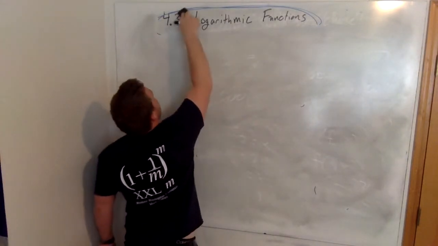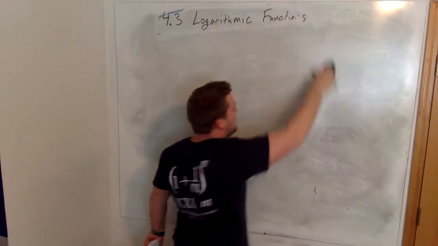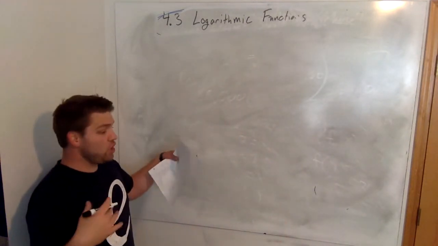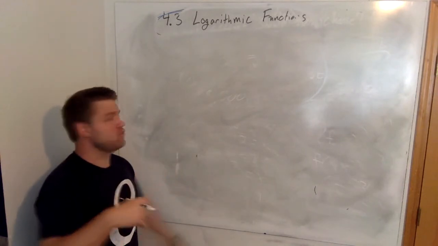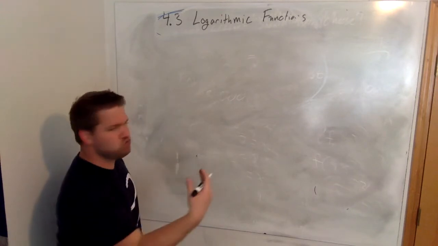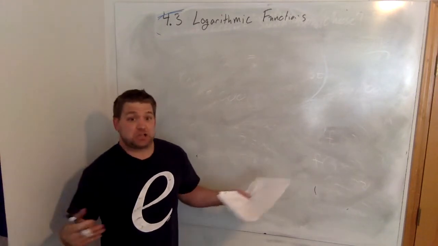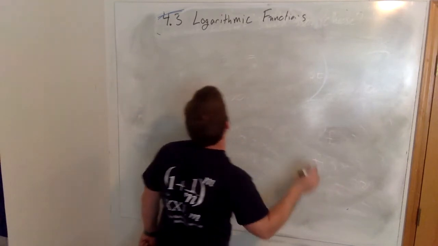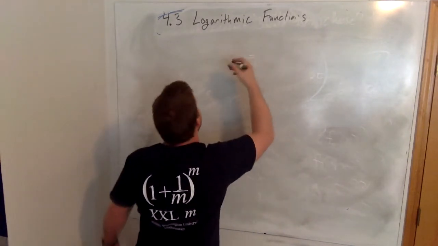So let's talk about them. Let's say that we're doing this for the very first time. We are the math pioneers who are saying, hey, we need an inverse function. We want to be able to undo exponentials. Let's make something up. Let's create the inverse. So, what do we have?